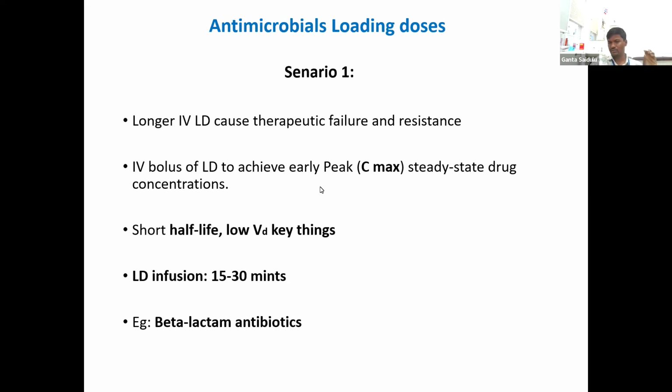For example, we give 500 mg or 1 gram of meropenem over 5 to 10 minutes and achieve a higher Cmax than the required target. Because beta-lactams have a short half-life and a low volume of distribution, ideally you give it over 5 to 10 minutes, but sometimes our institute tries to give it over 15 to 30 minutes for other reasons.